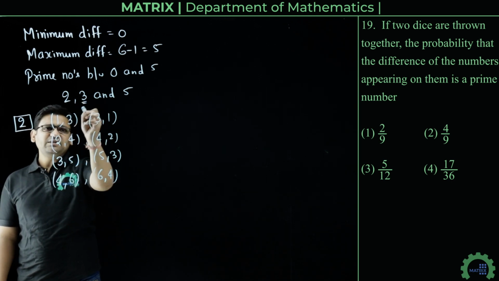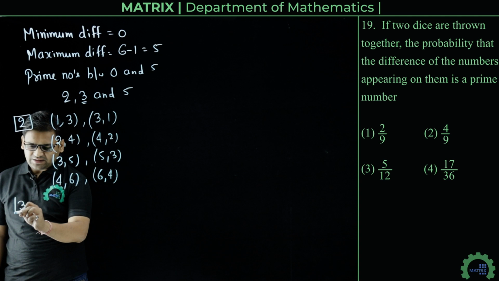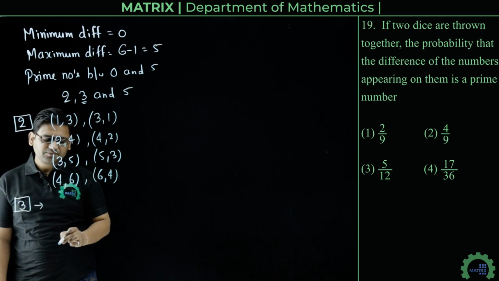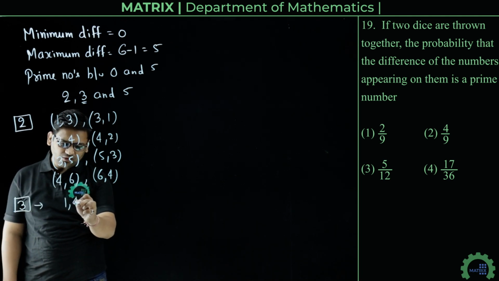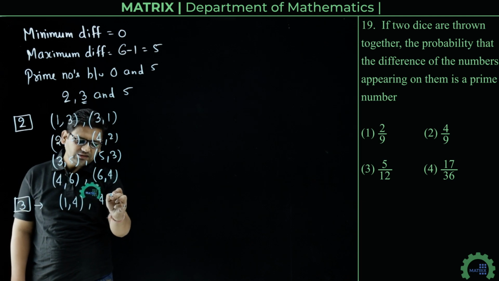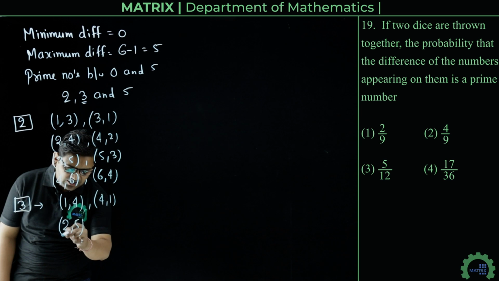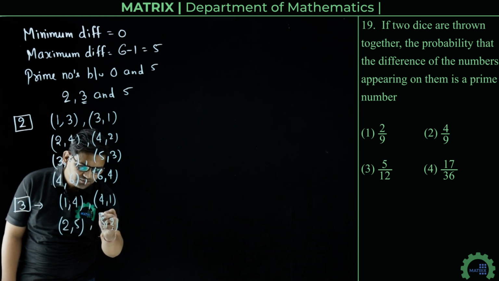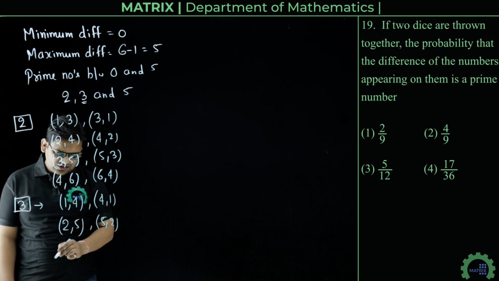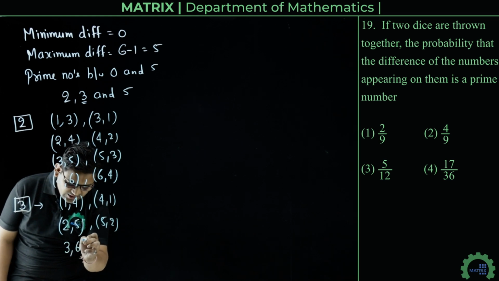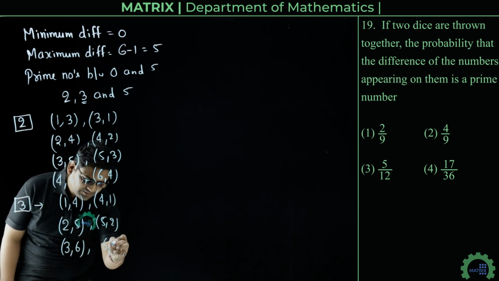Now again for prime number 3, the possible cases are 1 comma 4 and 4 comma 1, similarly 2 comma 5 and 5 comma 2, and at last 3 comma 6 and 6 comma 3.